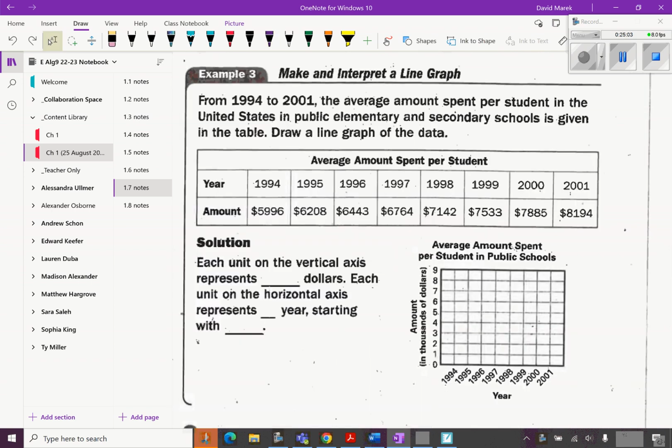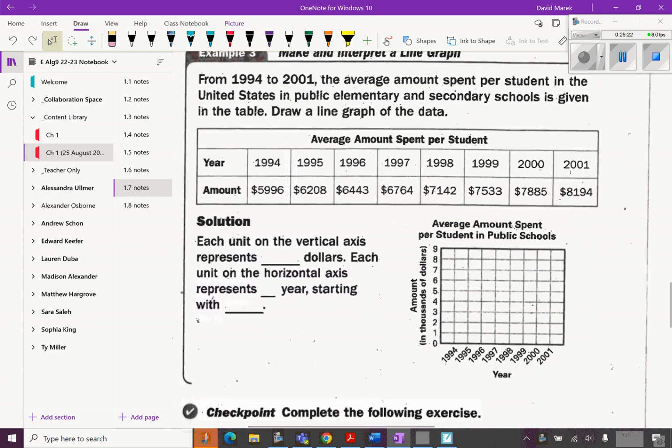All right, with example number 3 then, we have data here from 1994 to 2001, the average amount spent per student in the United States in public elementary and secondary schools. Here's a lovely table. Now we're supposed to draw a line graph of the data.